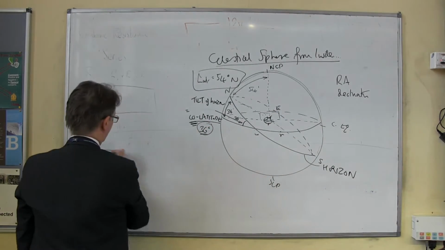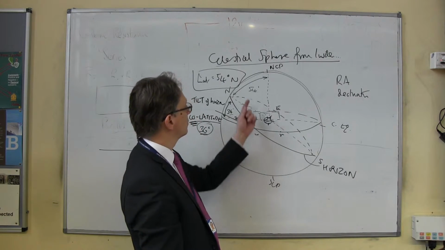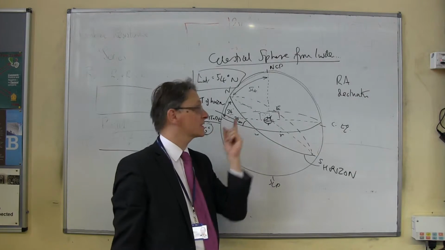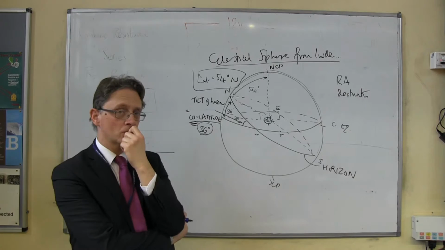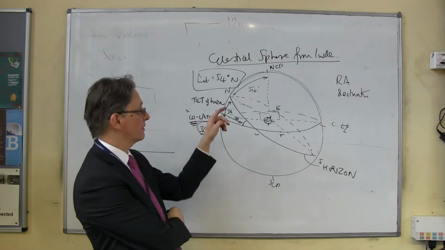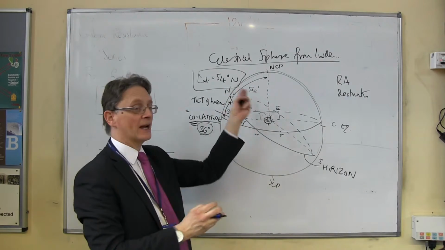Well, let's go back to our horizon. Let's imagine we're looking north, as we are. What would that look like in the sky? What would you be looking between to see that angle? I know it's 54 degrees, but let's park that for a moment. What 2 points would you look between in the sky to see that angle?